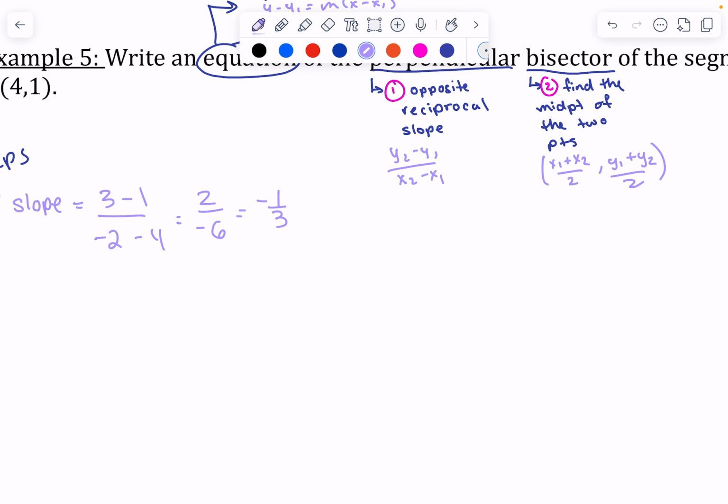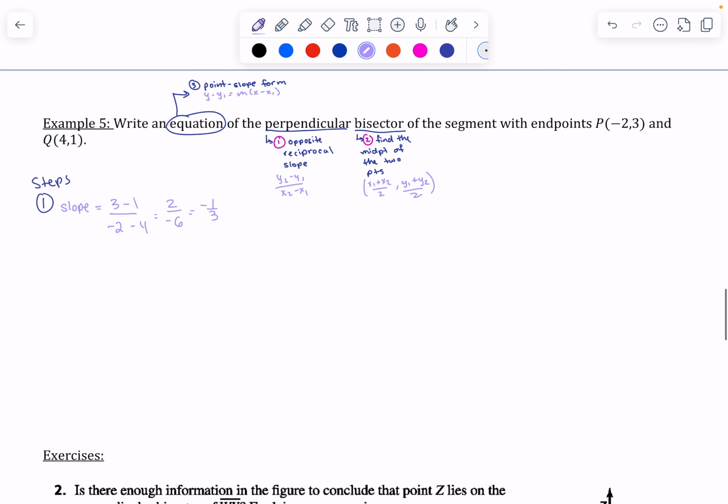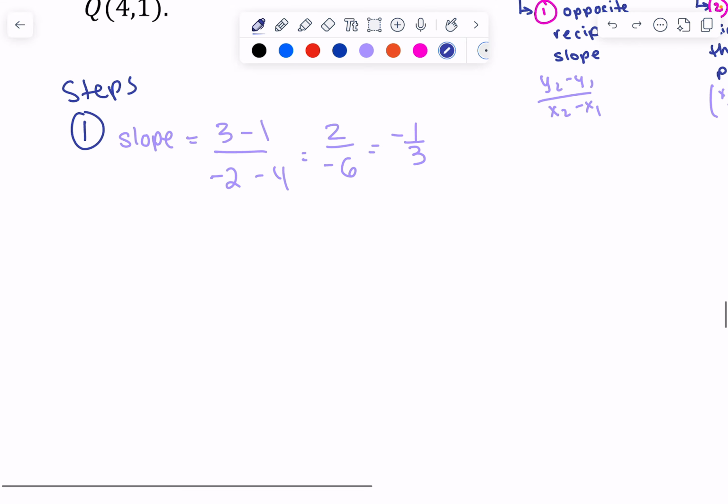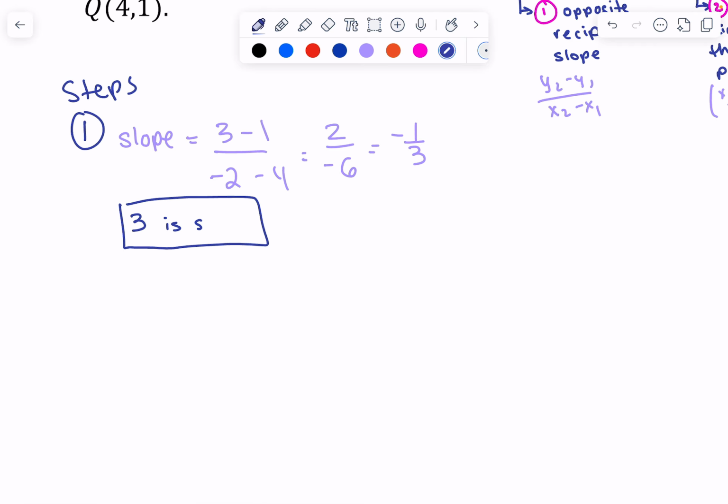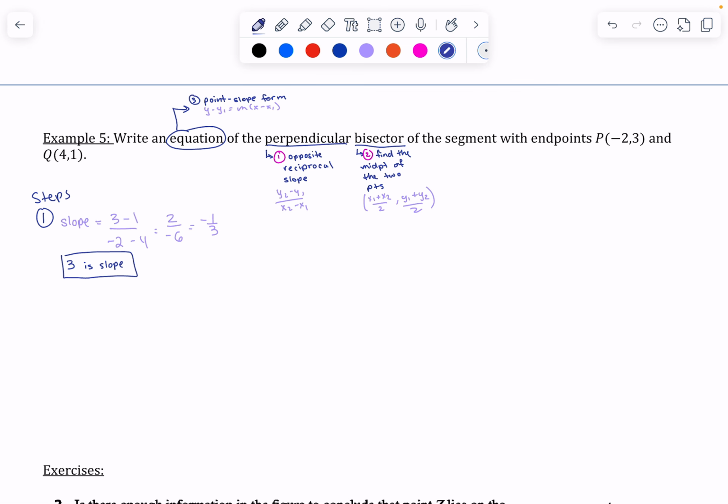But because I don't want the slope that connects these 2 points, but the slope of the line that's perpendicular to it, I'm going to take the opposite reciprocal of that -1/3. And so what I'm going to use is +3. I'll show you what all this looks like on Desmos so you can get a visual of how it works. Okay, so that's step 1.